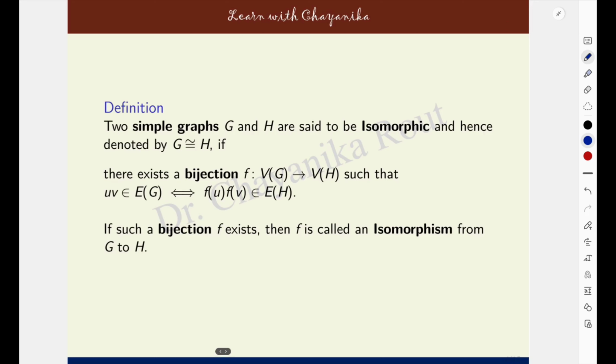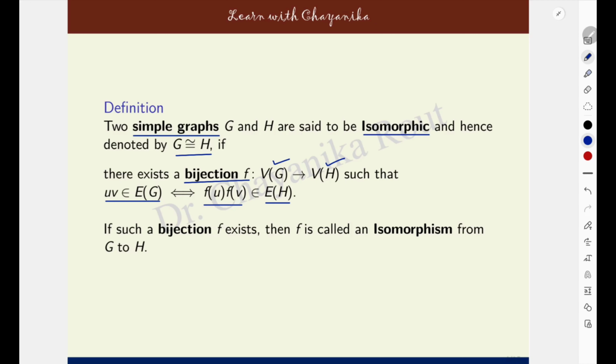So two simple graphs. You can remember that we will be dealing with simple graphs only, no loops and multiple edges. So two simple graphs G and H are said to be isomorphic to each other, and hence denoted by this notation, if there exists a bijection F from the vertex set of G to the vertex set of H, such that if U and V are adjacent in the graph G, that is if UV is an edge in G, then F of U, F of V, that is the images of the corresponding vertices U and V, will also be adjacent in the graph H, and vice versa.